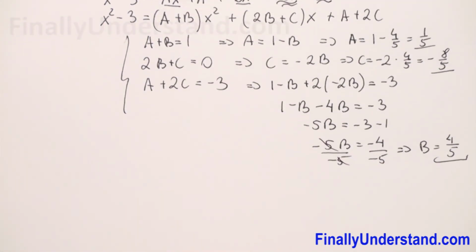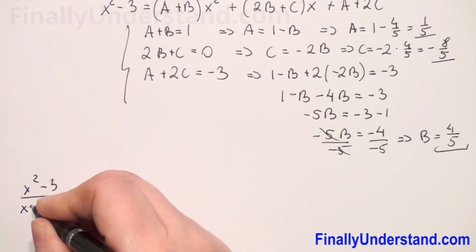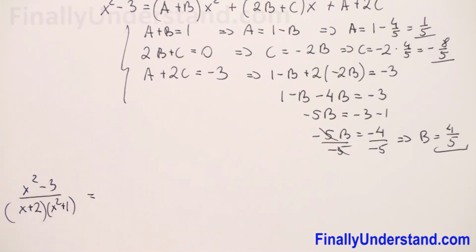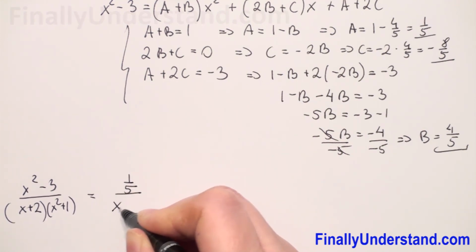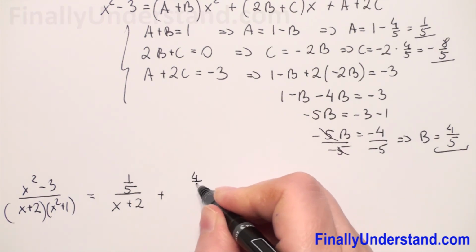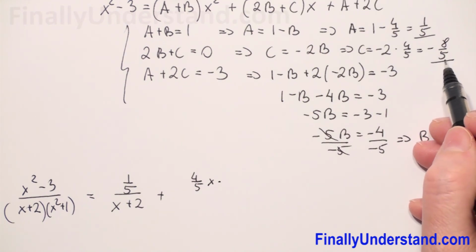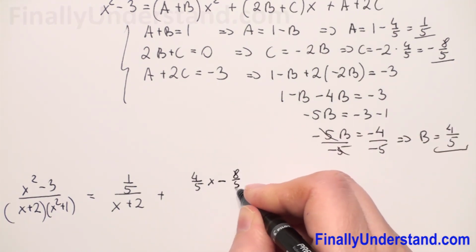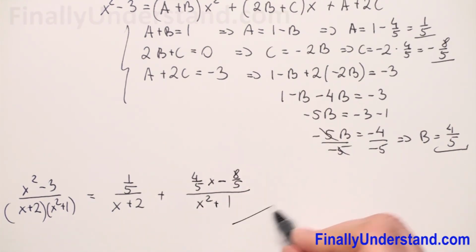So let me rewrite this one more time. We have x squared minus 3 over x plus 2 times x squared plus 1. So this is equal, a was 1 over 5, and we have over x plus 2, plus b is 4 over 5, x plus c. c is -8 over 5, so positive and negative will give me -8 over 5, everything over x squared plus 1. This is my solution.